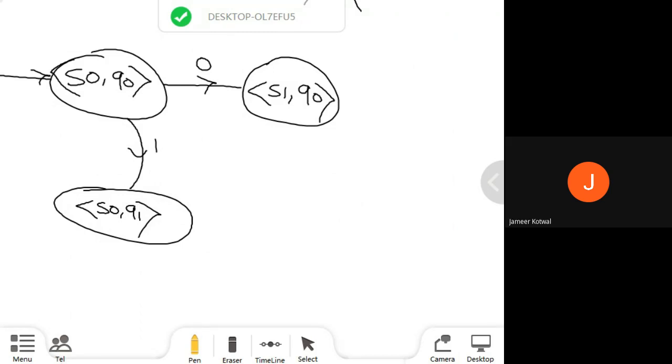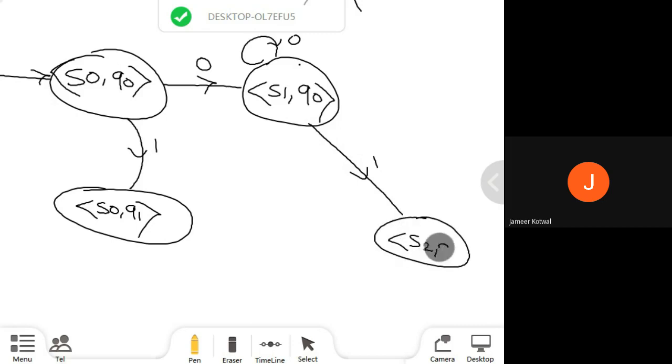In S1 Q0, if I process a 0, it remains in the same state, but by processing a 1, तर तो कुठल्या स्टेट मध्ये जातो चेक करा बघू. S1 Q0 मध्ये जर मी 1 प्रोसेस केलं तर ते कुठल्या स्टेट मध्ये जातो. S2 Q1. Good, it reaches a state that is S2 Q1. Right? Now go for the state that is S0 Q1.